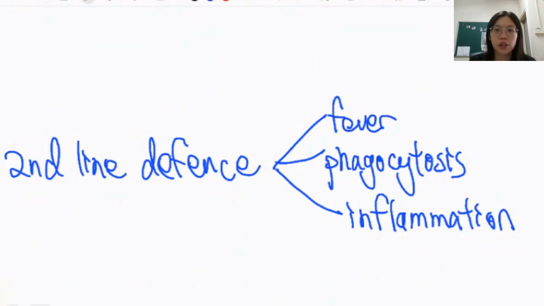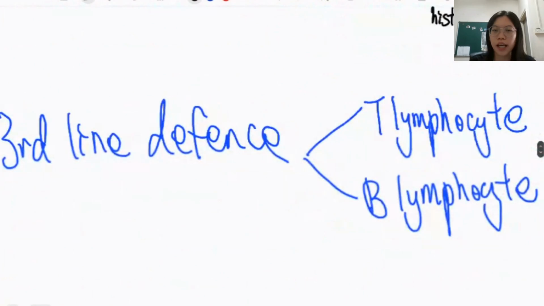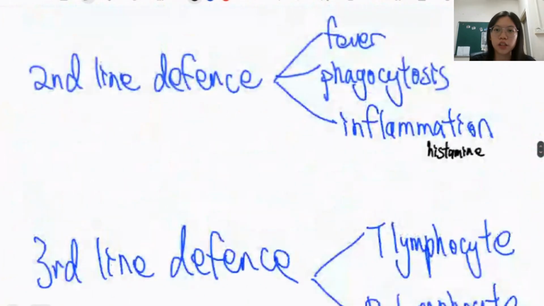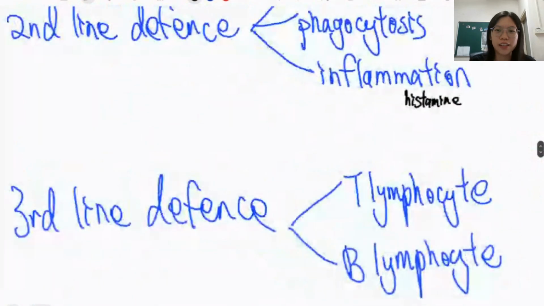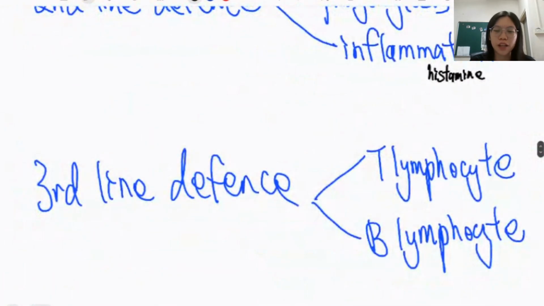And for phagocytosis, you have to know what's happening in there, which we'll mention later. For inflammation, we also have to know why injured tissue releases histamine. What's the function?